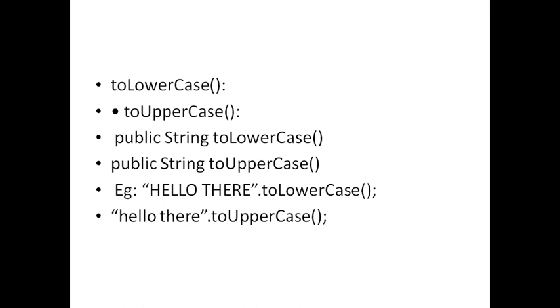It will return the uppercase values of small letters abc, that is capital A, capital B, capital C. Like that, if we have the string str with values in uppercase, capital A, B, C, and we want to return the values in lowercase, we use str.toLowerCase. It will return small letters a, b, c. Other examples are "Hello There".toLowerCase, it will return "hello there", and to convert again to uppercase, "hello there".toUpperCase.